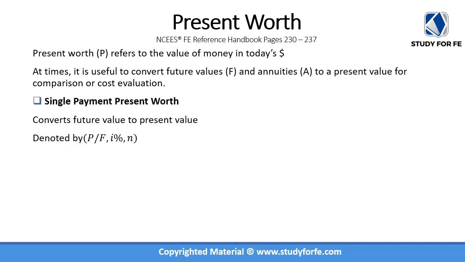So there are various factors that we will look at when it comes to each of these: present worth, future worth, and annuity. So the first factor for present worth is called the single payment present worth, which basically converts a future value to present value. So let's say somebody gives you $100 in future, so 10 years from now. So you'd be interested in calculating what those $100 are worth in today's dollars.